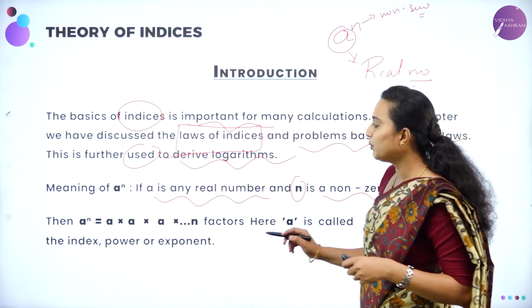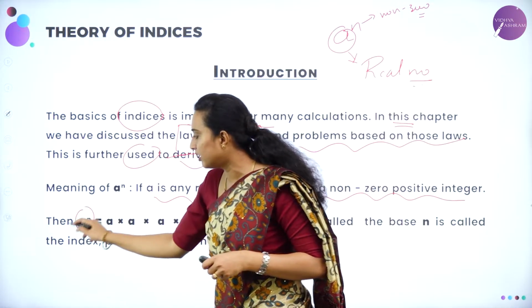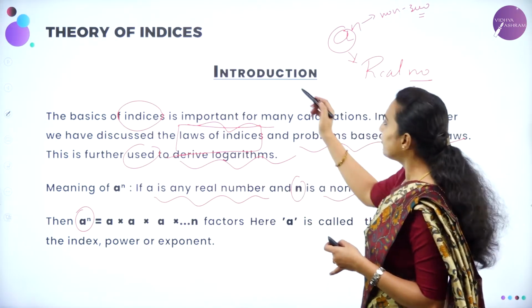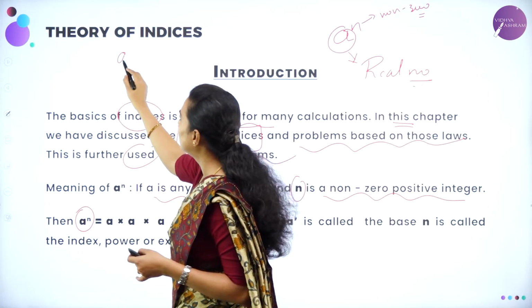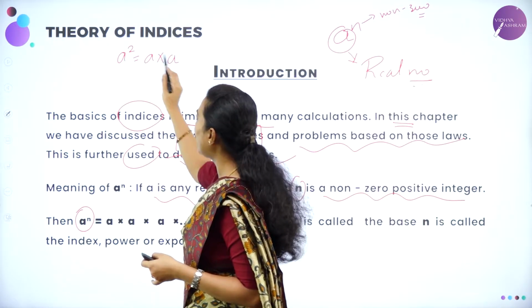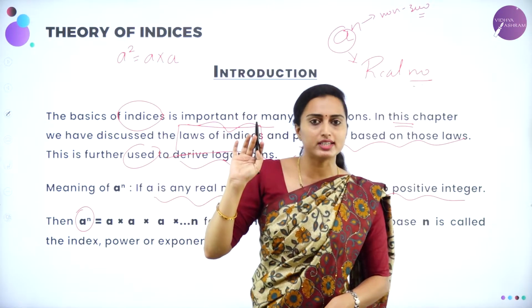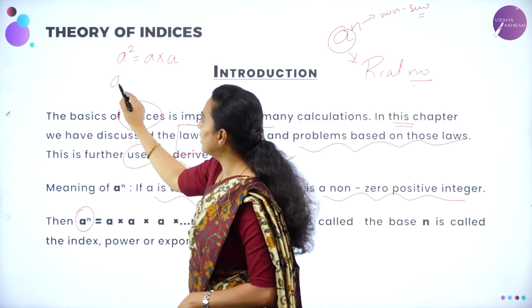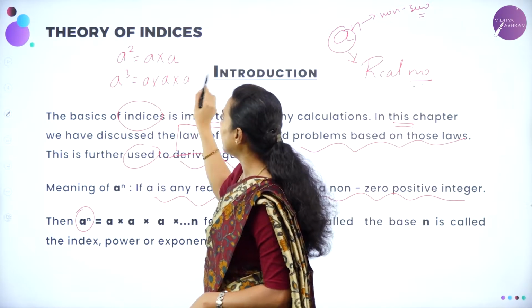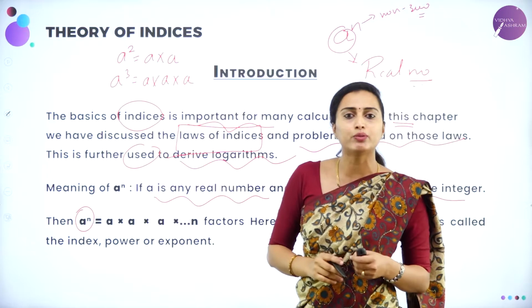So here, what do you mean by this a power n? How are we going to expand it? Suppose, for example, if I have a squared, how are we going to split this? a into a, that means twice, we are going to write it as a squared, isn't it? Similarly, if it is a cube, a into a into a, that is nothing but a power 3.